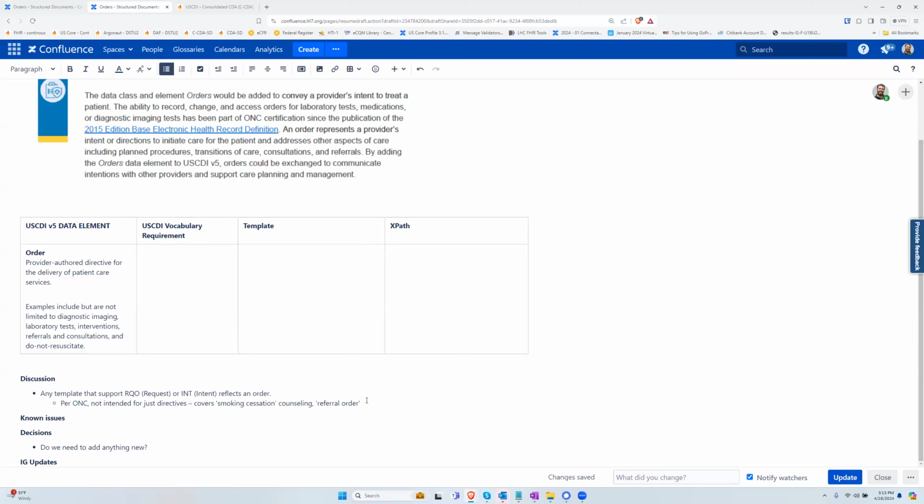And if you have the mood code as RQO, that's an actual order. I would think the plan of care is made of orders. Well, it contains orders, right? It could contain other things too, but it would have a bunch of orders in it most likely.